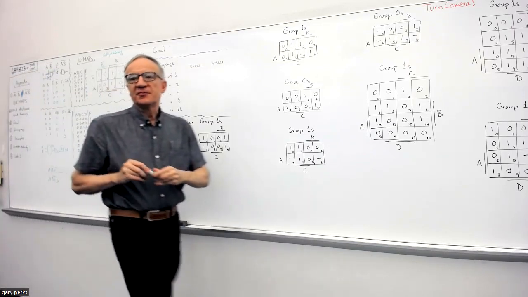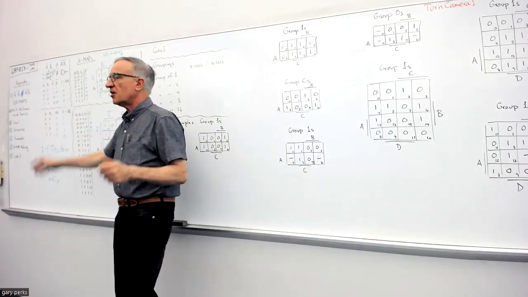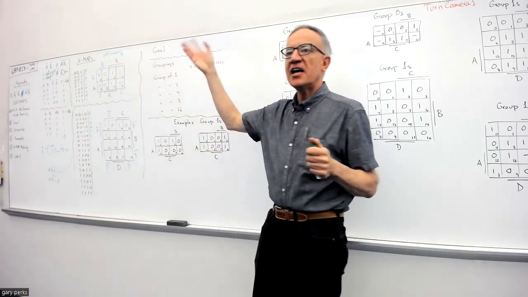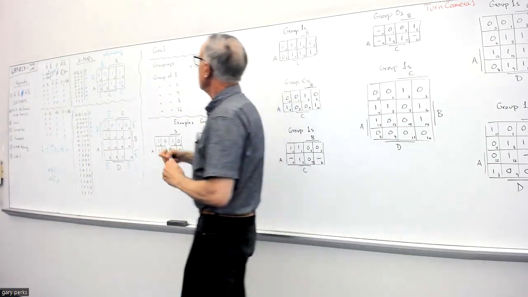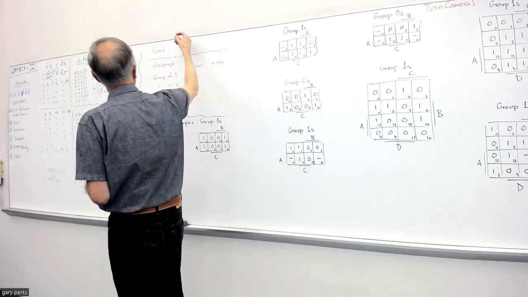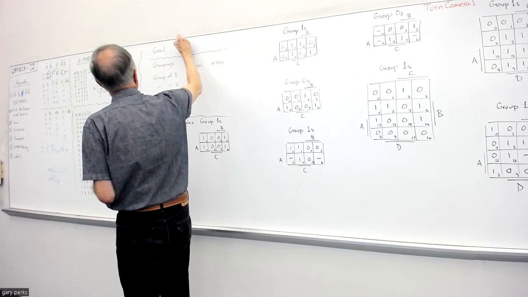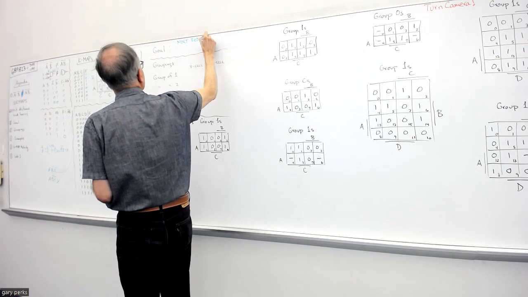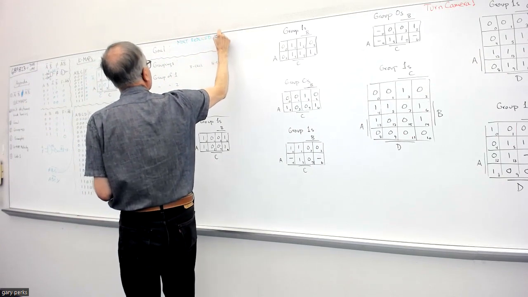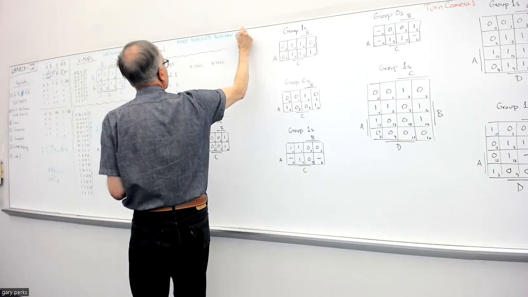Okay. So now, this is just some basics of Karnaugh maps. Now we're going to see how we actually use Karnaugh maps to get a reduced expression. So the goal, again, of using Karnaugh maps is the most reduced Boolean equation.